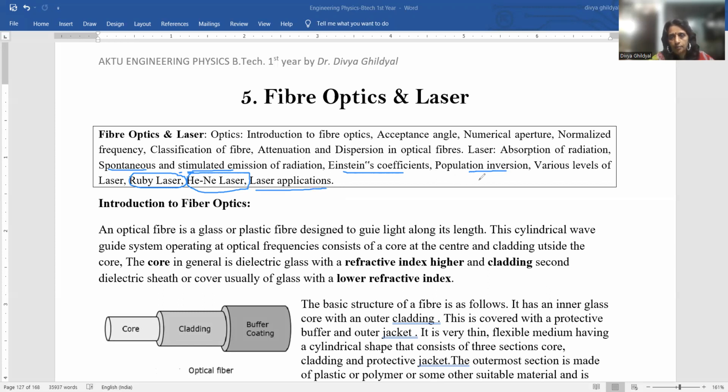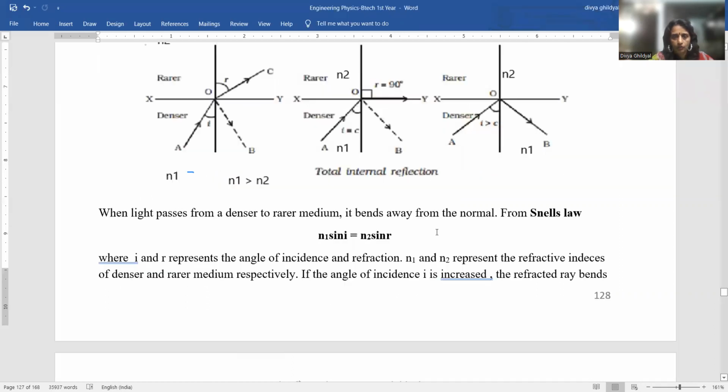What do you understand by population inversion? So these were the general questions which have been asked in your previous year question papers, which I told you right now. Okay, now I am beginning with the syllabus of laser.